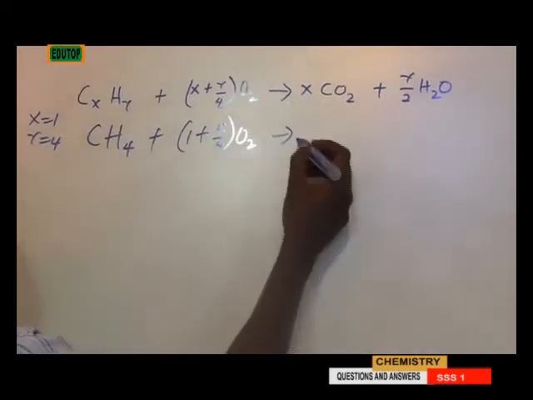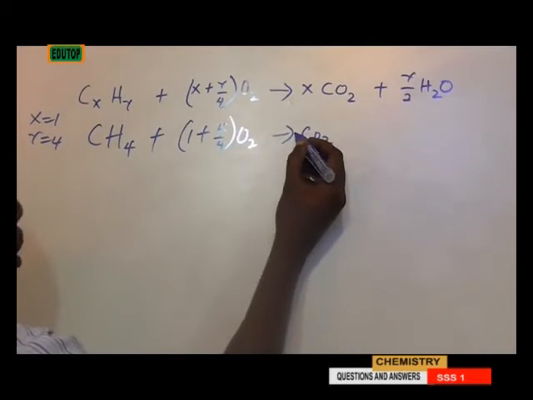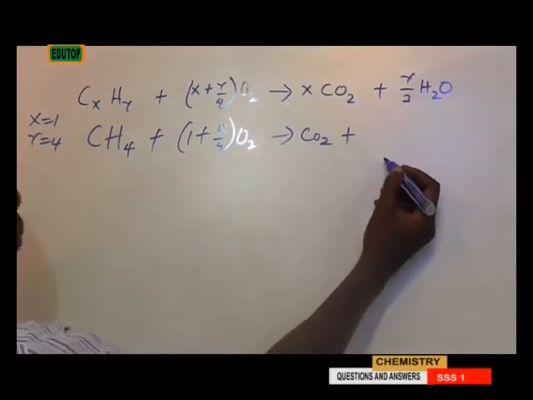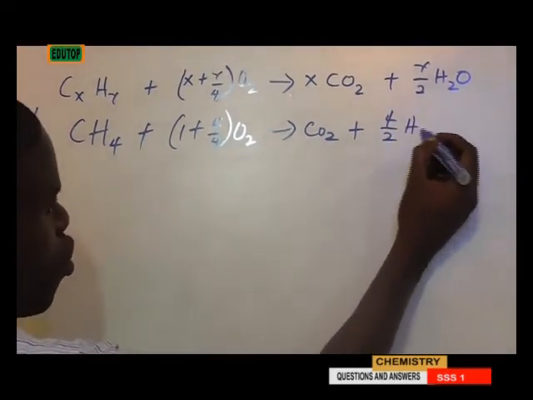Then x is 1, so instead of this you can write CO2, 1 standing for x, plus y is 4, 4 divided by 2, H2O.